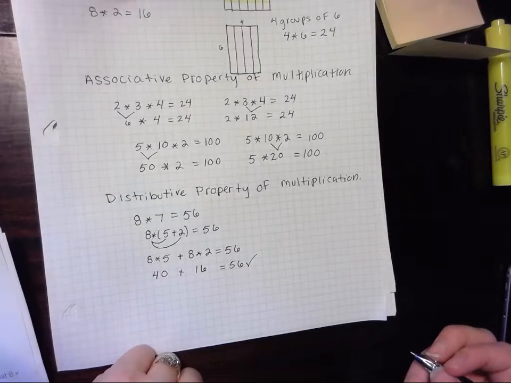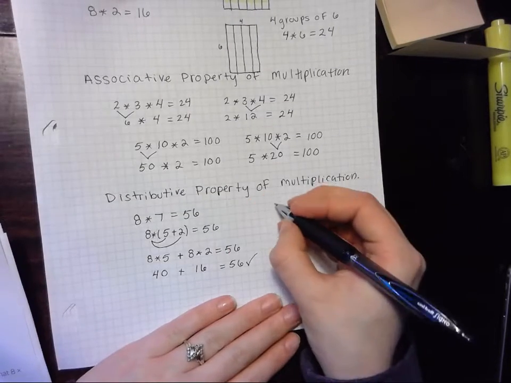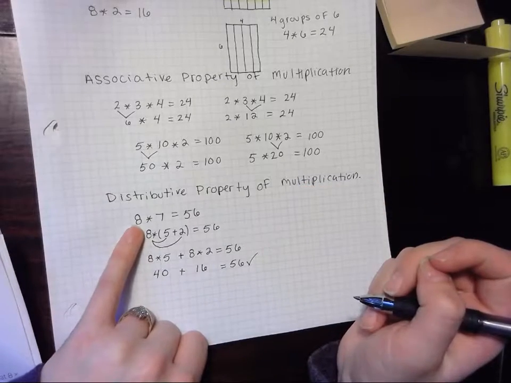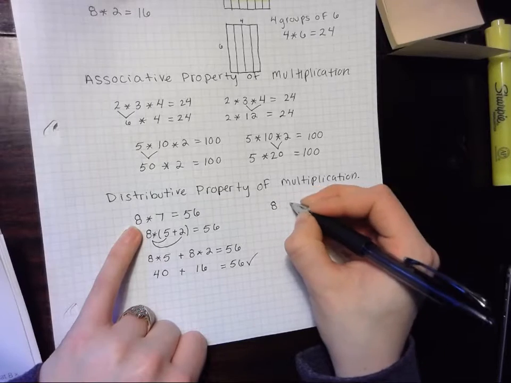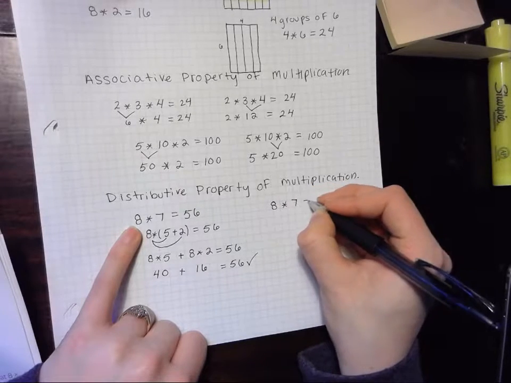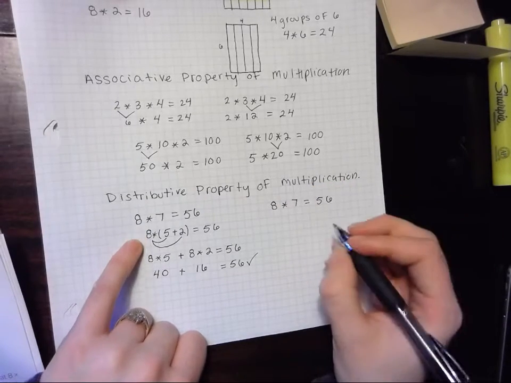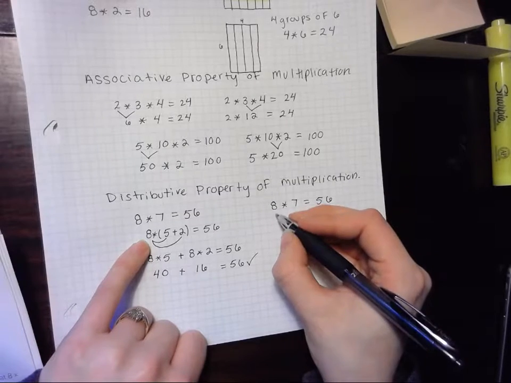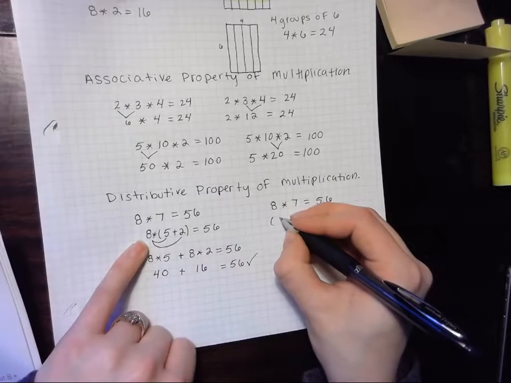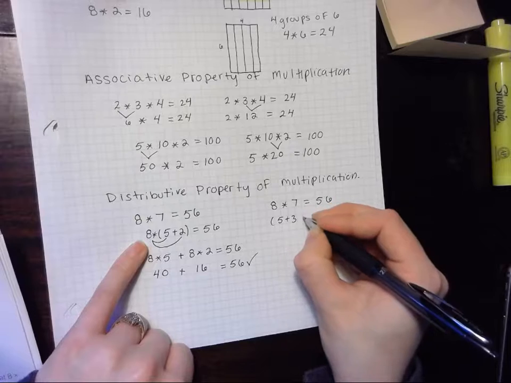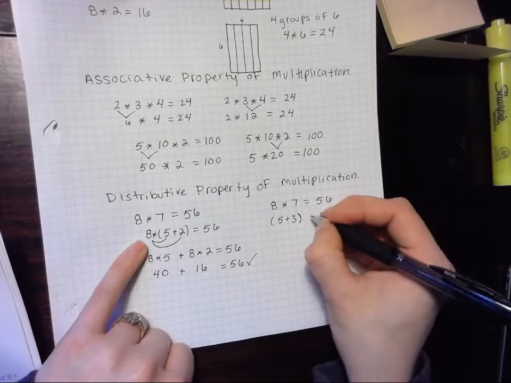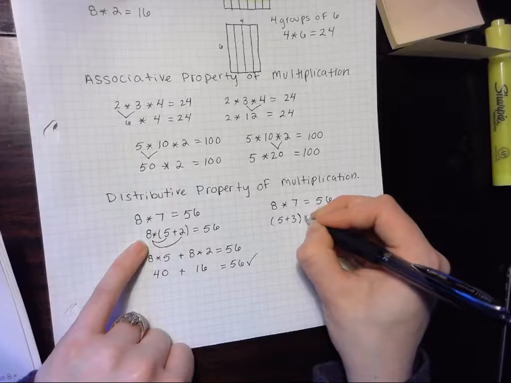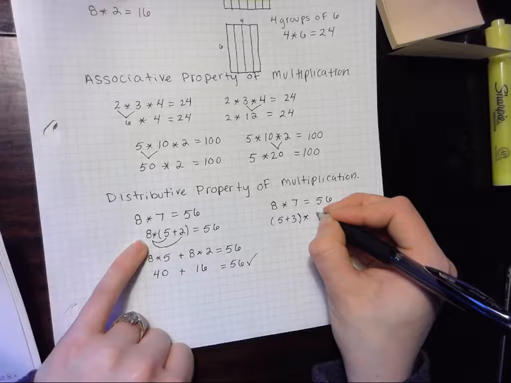Another way you could write the same problem, let's say we wanted to break 8 instead. 8 times 7 equals 56. Let's turn this 8 instead into 5 plus 3. Okay? 5 plus 3 times 7 equals 56.